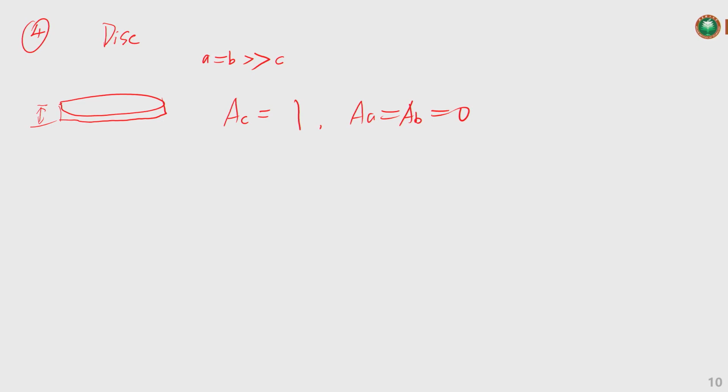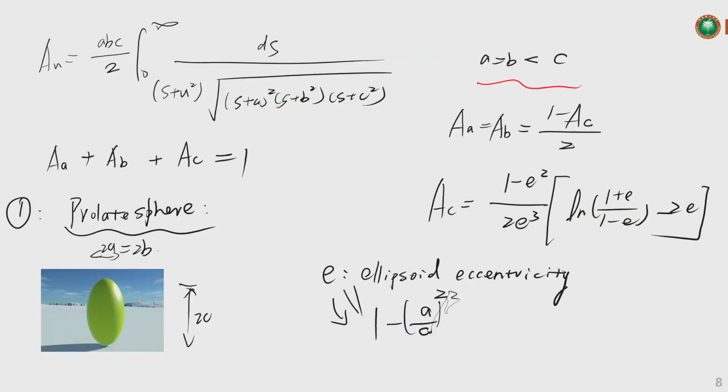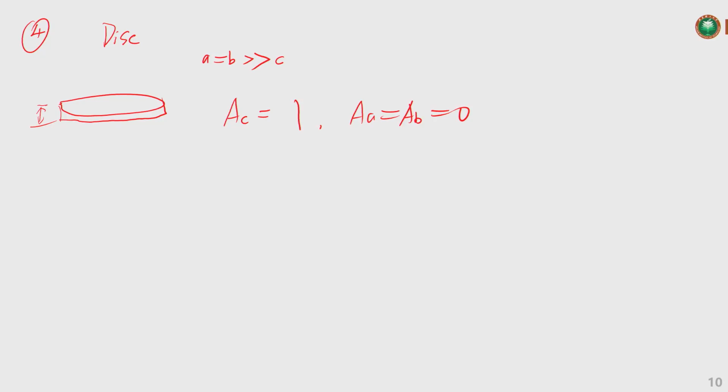Then back to this one. If we drag this prolate sphere to much longer than that, then it becomes the fifth shape, needles, right?